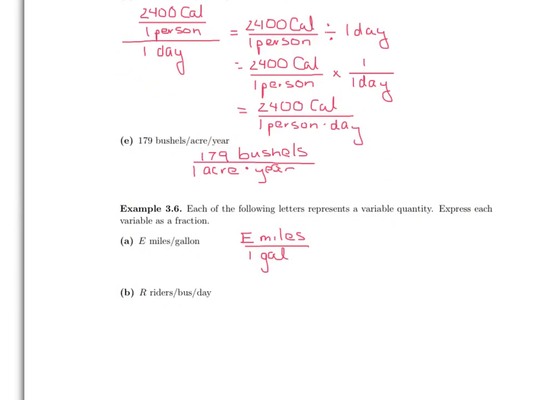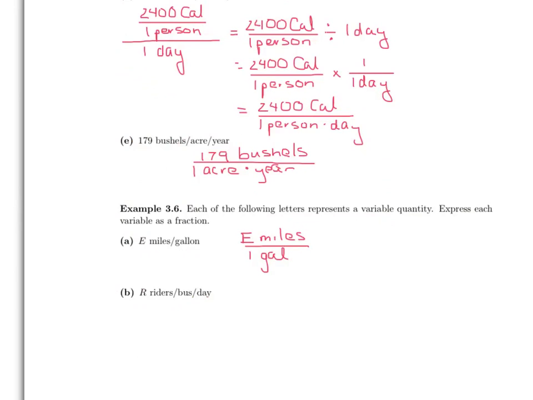We have R riders per bus per day. So this is another example of a situation where you have two divisions going on in the units. So we've seen what to do in situations like this.